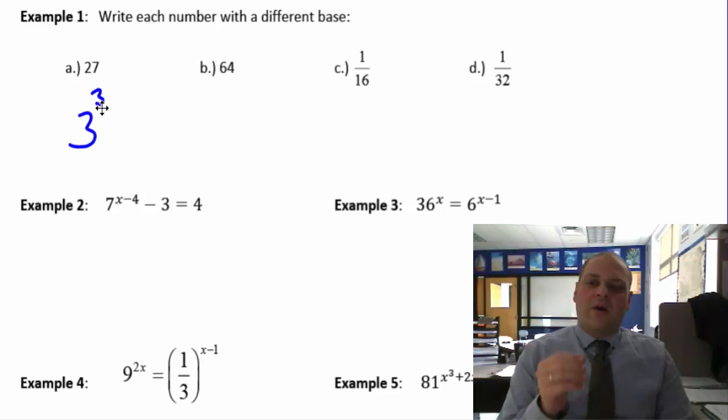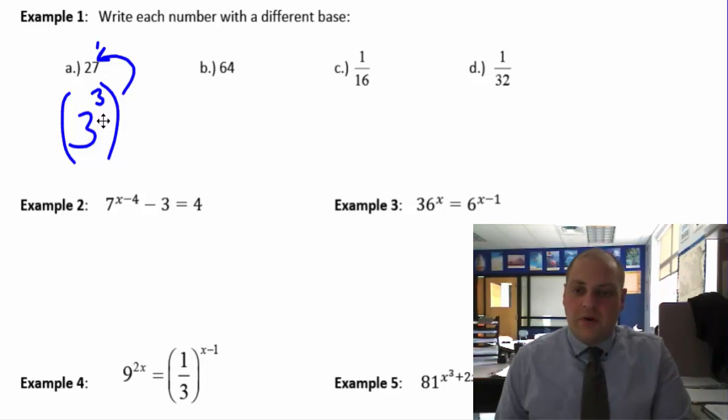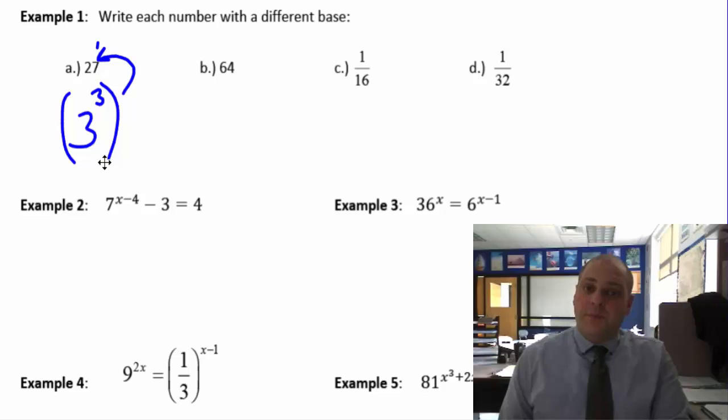That's what I'm talking about when it says write each number with a different base. 3 to the third is 27, right? So we changed the base. 27 is 27 to the first. This is 3 to the third. Same number. It's still 27, but it looks different. It looks like it has a different base. It does. It has a base of 3. So this is changing the base.